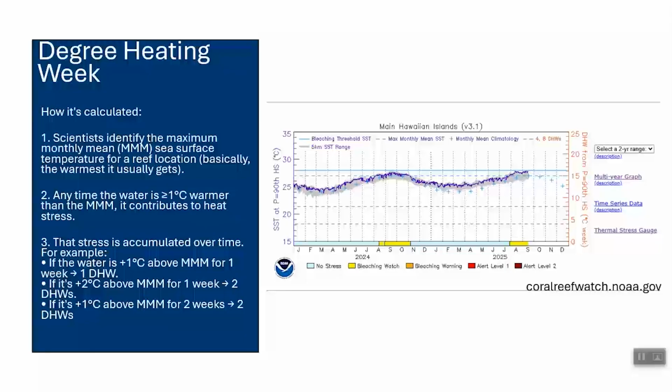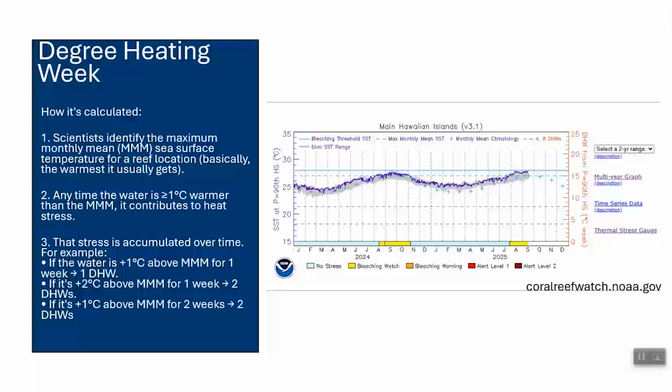And so that's where we take a look at this solid blue line here running across the graph. That's the threshold where heat stress begins, generally speaking. And then the stress is accumulated over time.